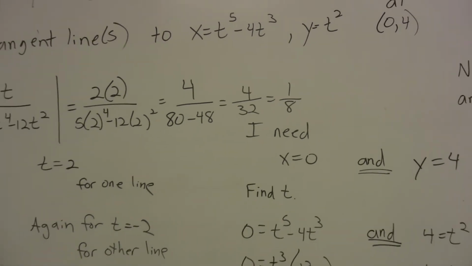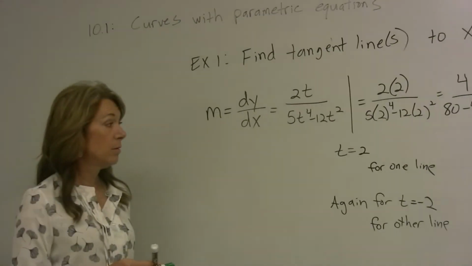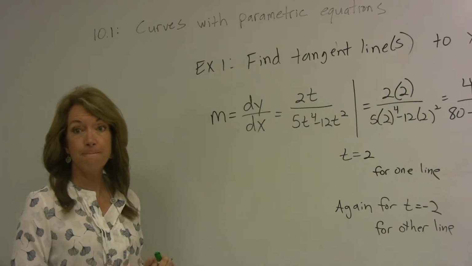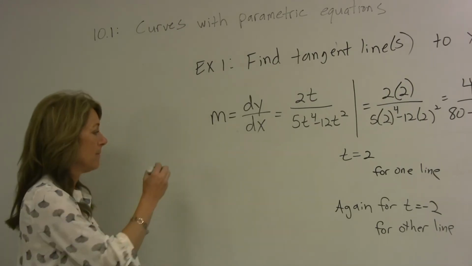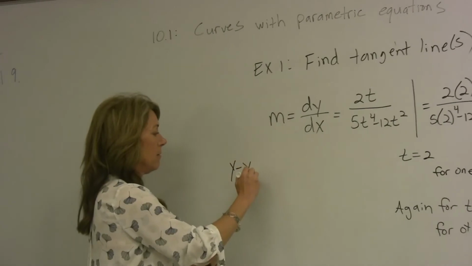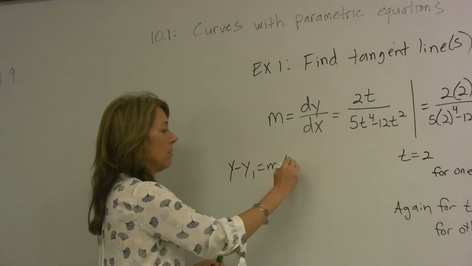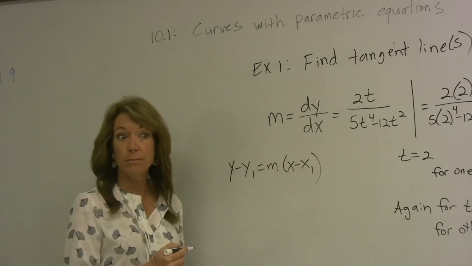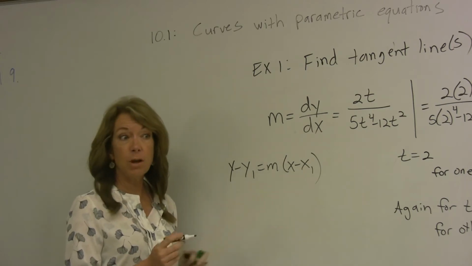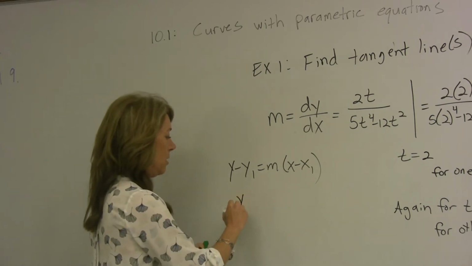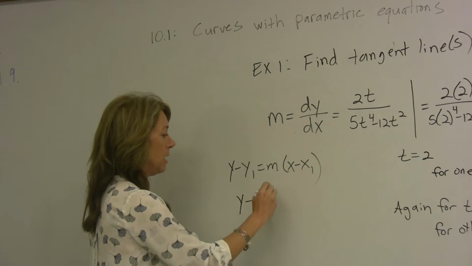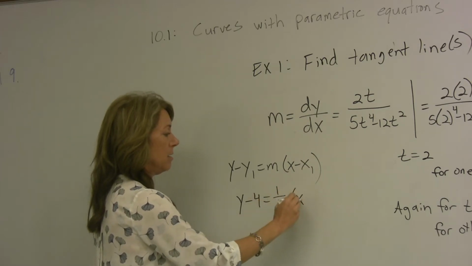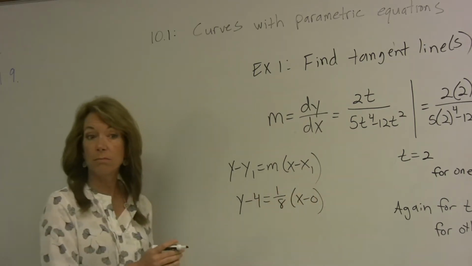I need the equation of the tangent line. How do I get that? y minus y1 equals m times x minus x1. This works for any point, any slope. y minus 4 equals 1/8 times x minus 0.